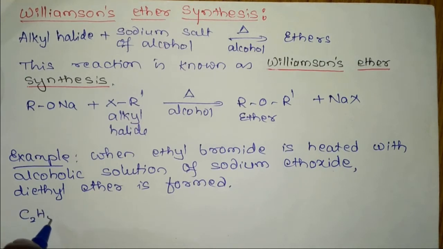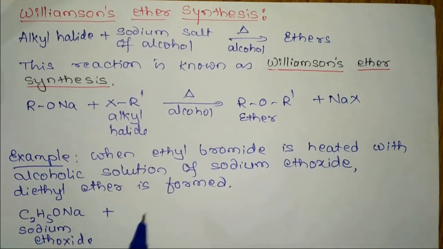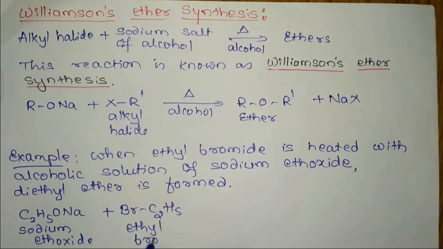C2H5ONa, sodium salt of ethyl alcohol, this is nothing but sodium ethoxide, is heated with ethyl bromide, BrC2H5.